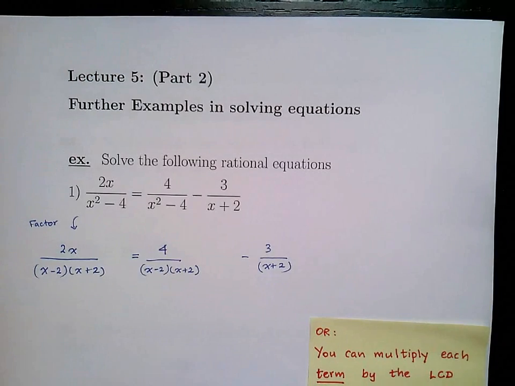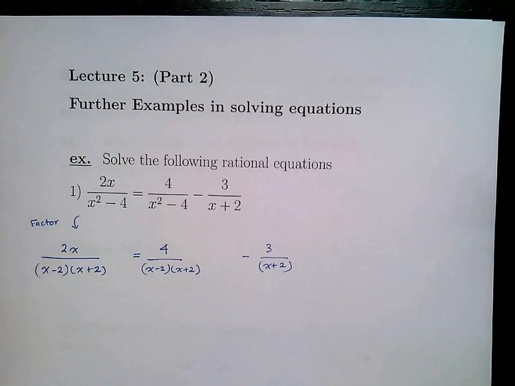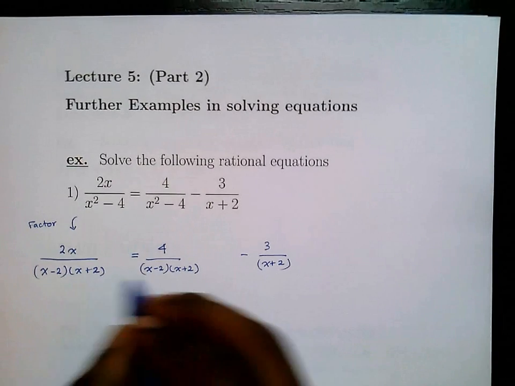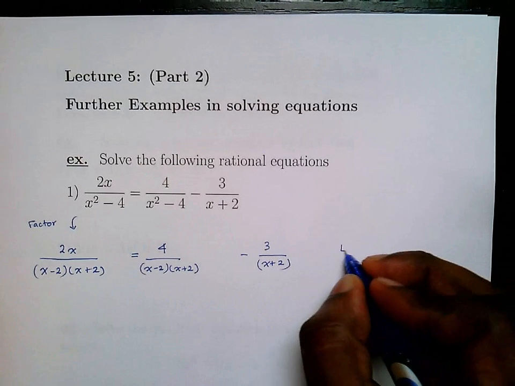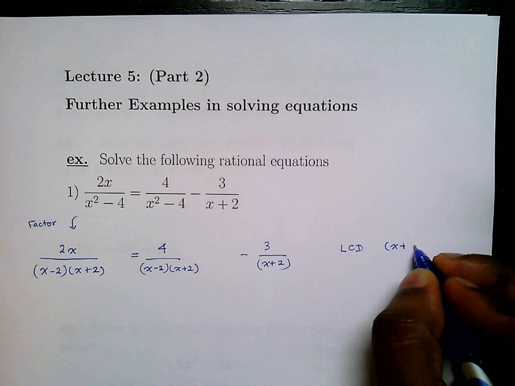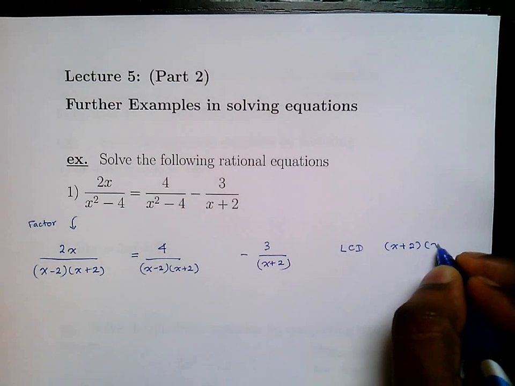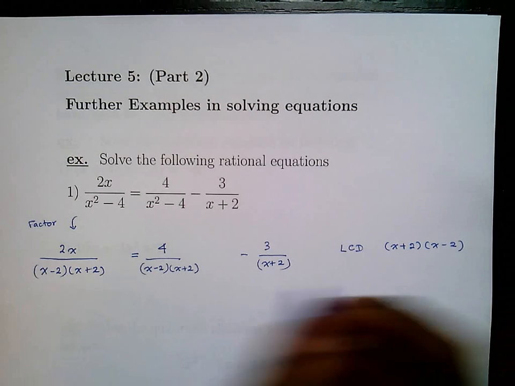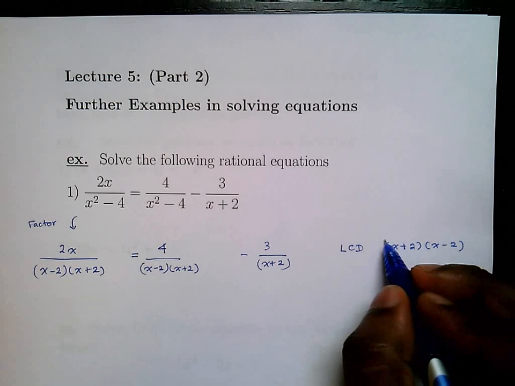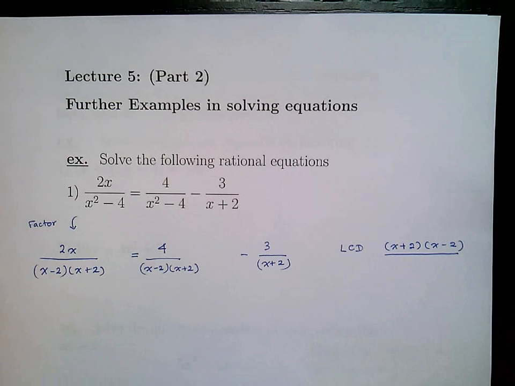Okay, now let's quickly decide what the LCD of the equation is. So you look at all three denominators, and you can see the LCD is just take all the factors, that would be x plus 2, x minus 2. And the powers you see are just 1 and 1, so the LCD here is x plus 2, x minus 2.